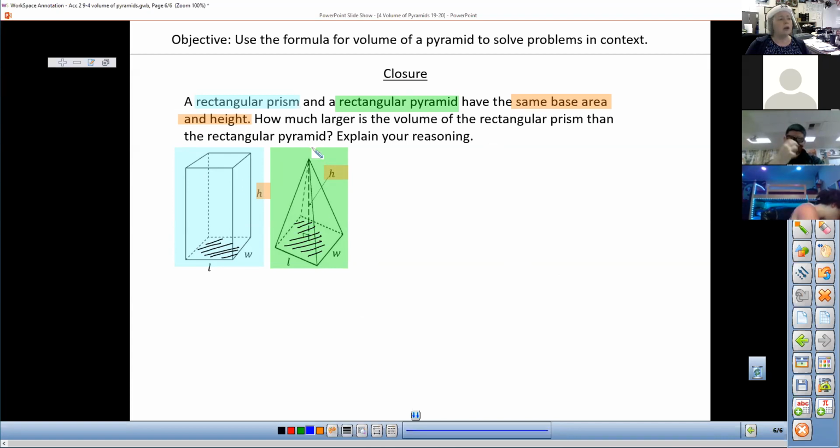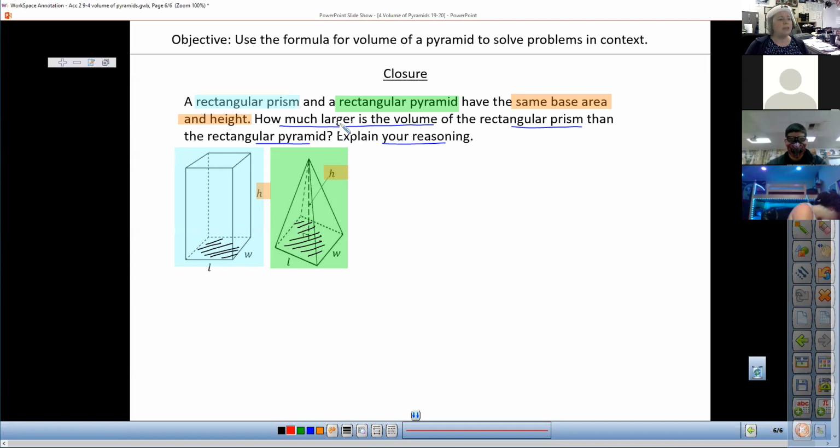So this wants to know, well, how much larger would be the volume of the prism than the pyramid? And explain our reasoning. So sometimes math can help you with your reasoning here. If you're trying to figure out how much larger one quantity is than another, then the easiest way to figure that out is to do the inverse of multiplication, which is division.